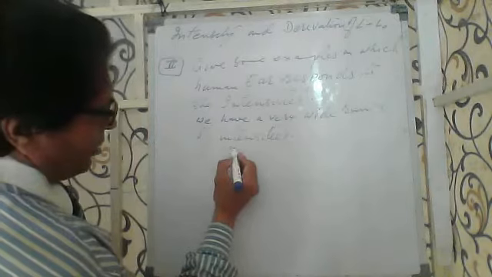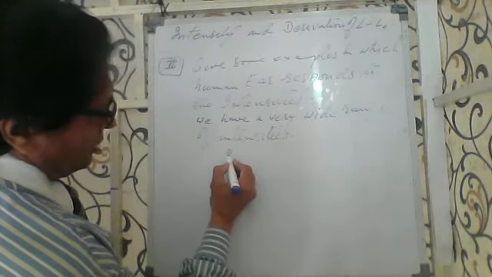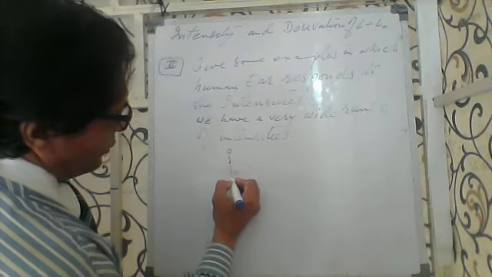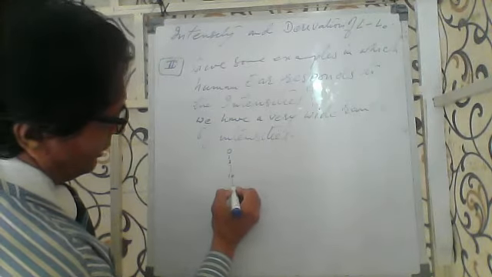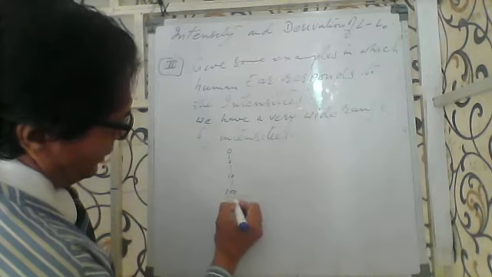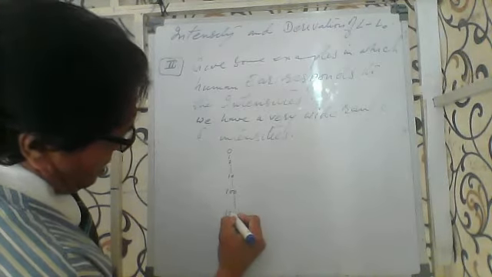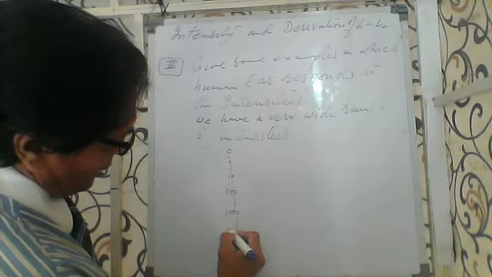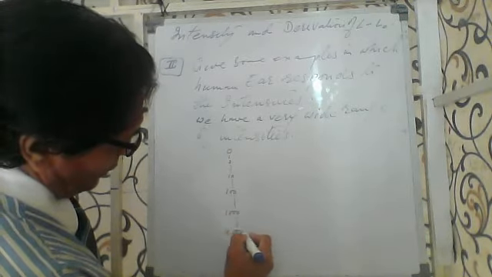Say starting from 0, it becomes 1, 2, and so on up to 10. Then it comes up to 100. Then it again expands up to 1000. Then it comes up to 10,000.